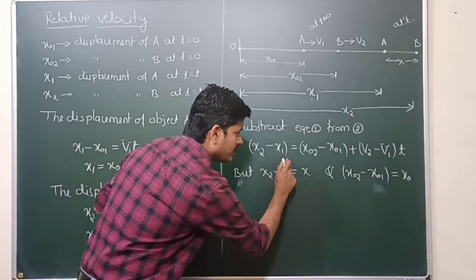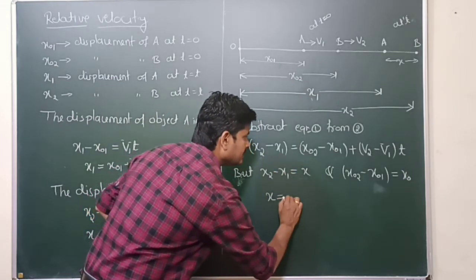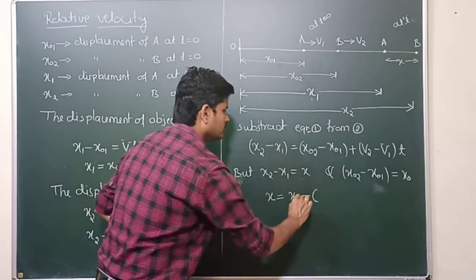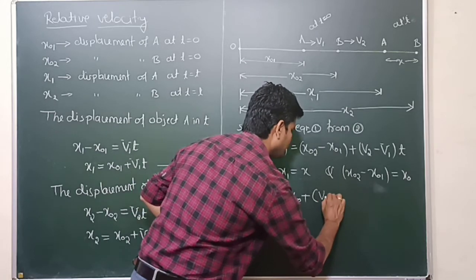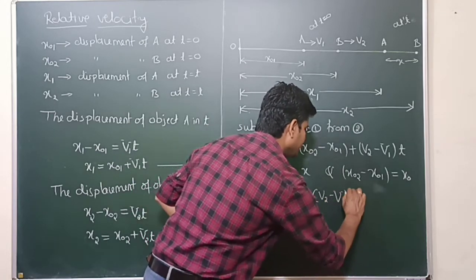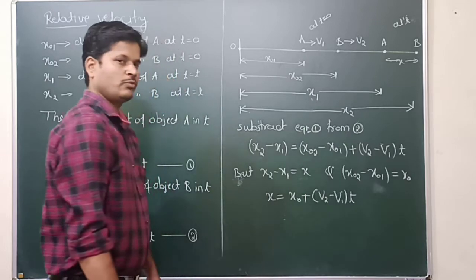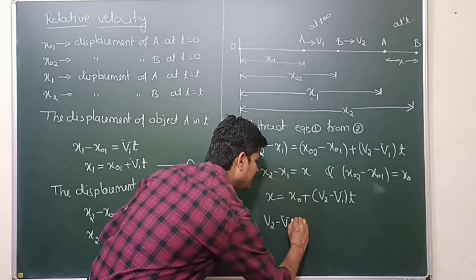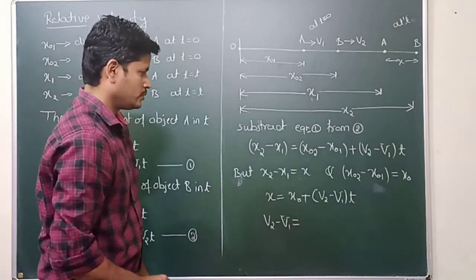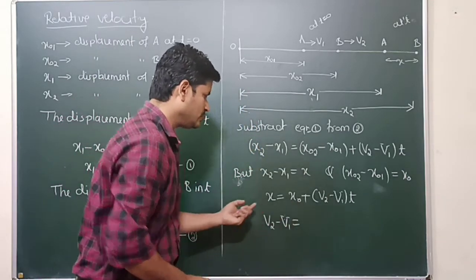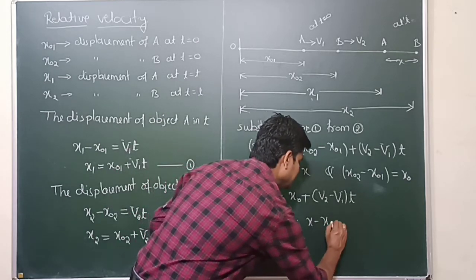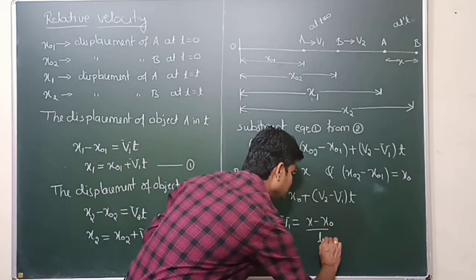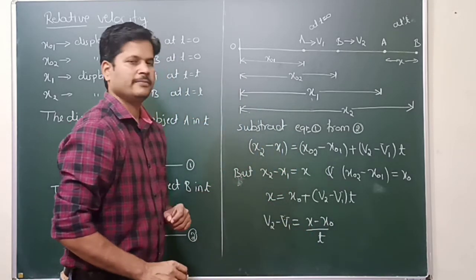Replace this with x, and replace x02 minus x01 with x0, the initial position. Therefore, this equation becomes x is equal to x0 plus V2 minus V1 into T. Or otherwise, V2 minus V1 is equal to, first take x0 to the left side, x minus x0, then take T to the denominator.